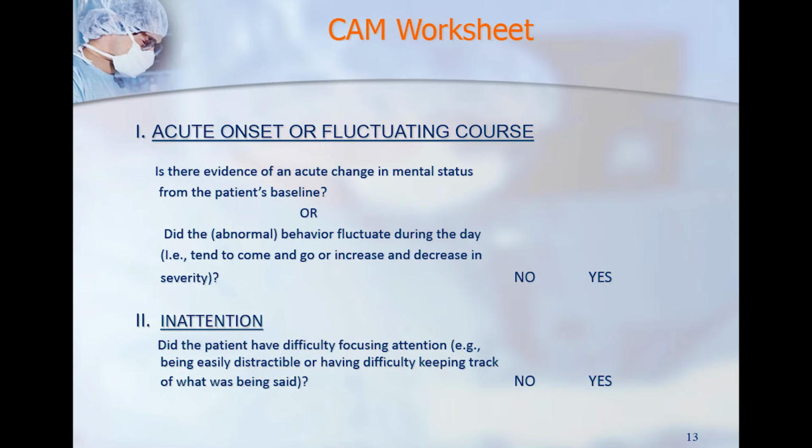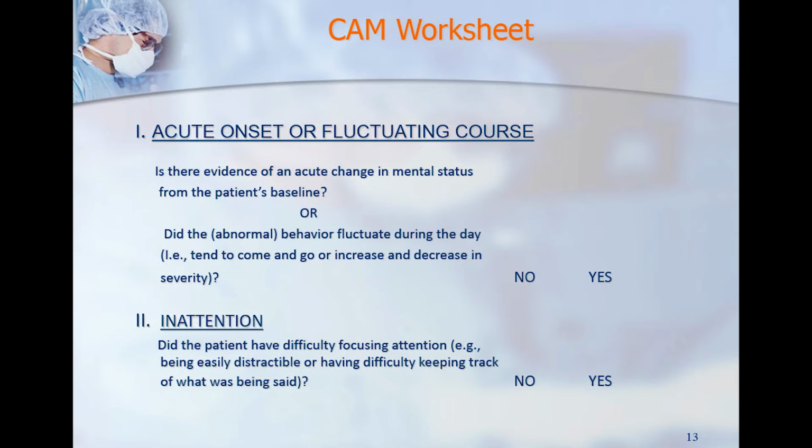Yes or no? If yes, that's one criterion. Or did the behavior fluctuate during the day? Inattention: did the patient have difficulty, being easily distractible or having difficulty keeping track of what was being said? Usually you may miss inattention, but the nurses will usually pick it up.